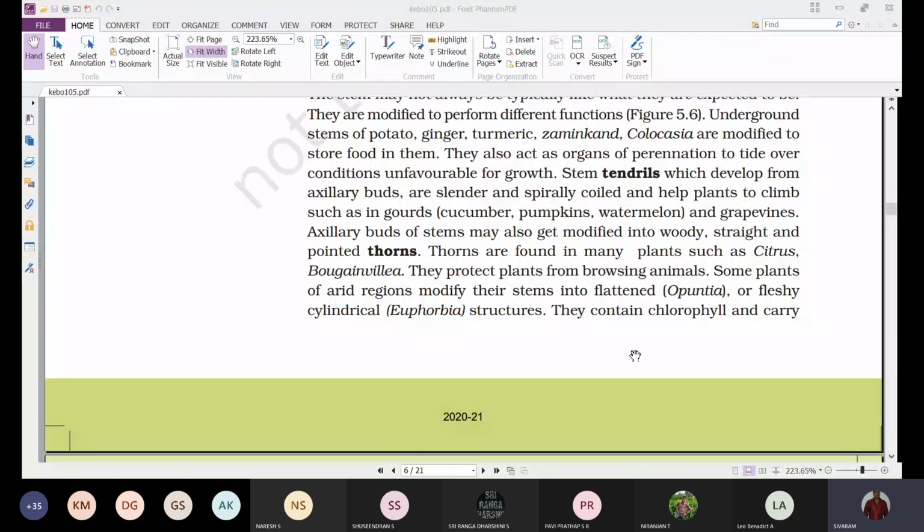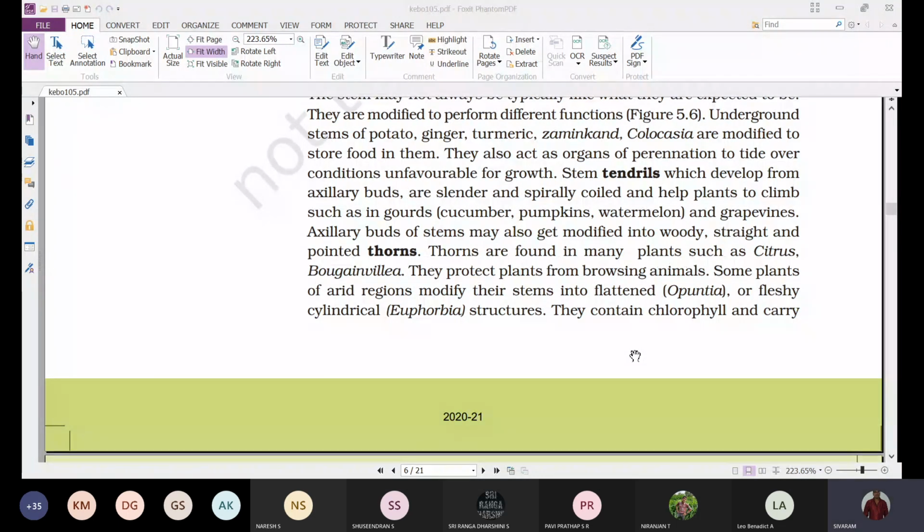And next, the stipules which are present at the base of the leaf, and then axillary buds and terminal buds, are also developed on the stem only. All these are parts of the stem, but here we are specifically mentioning the stem tendril because it is developing from the main stem, the terminal bud.